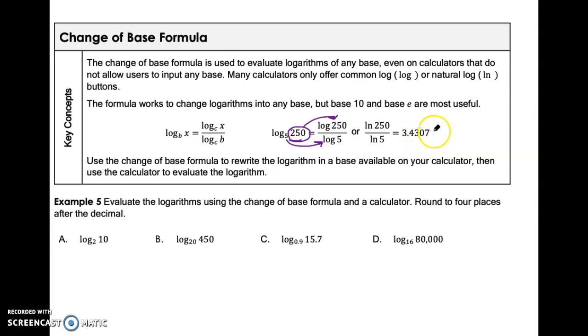Now you see that these are decimal answers, so a lot of times you do want to start thinking in your head, what answer do I expect to get here? We know that 5 to the third power is 125, and we know that 5 to the fourth power is going to be, let me double check in my calculator before I tell you something wrong, 625.